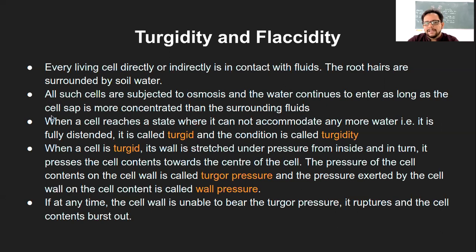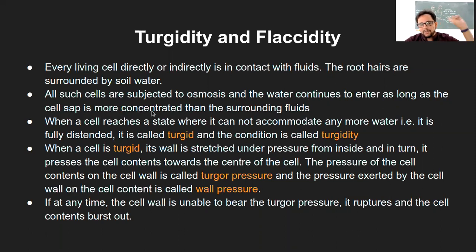If you remember, cell sap refers to the content of the vacuole and the content of the cytoplasm. So whatever concentration of proteins, ions, minerals is there within the cytoplasm and within the vacuole of the plant cell, that is called cell sap. So osmosis will continue as long as the cell sap is more concentrated.